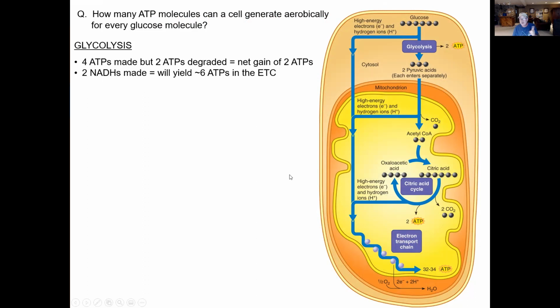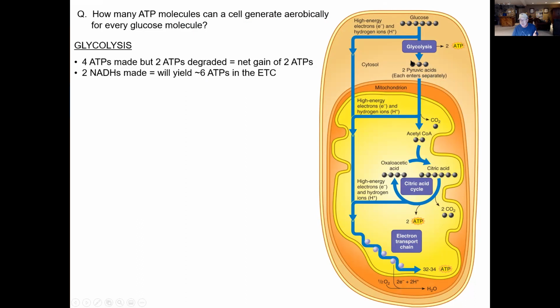When they go to the electron transport chain, as we said a moment ago, on average, each will generate about 3 ATPs. So 2 times 3 is 6. This little squiggly line means approximately 6. Not exactly 6.0, it's around 6, maybe a little less than that actually. This ETC stands for electron transport chain. So that's basically what we've got going on in glycolysis.